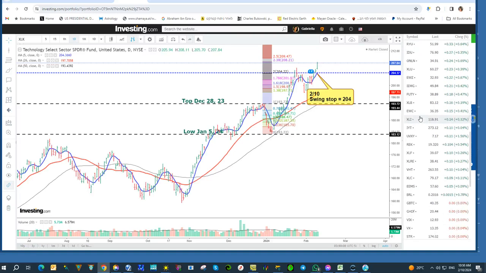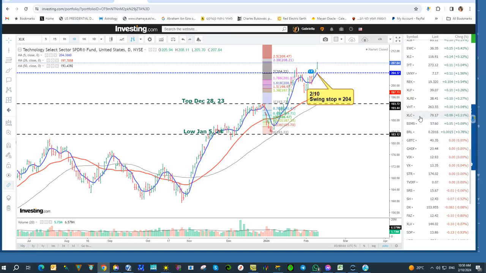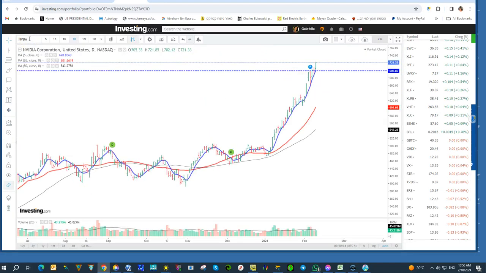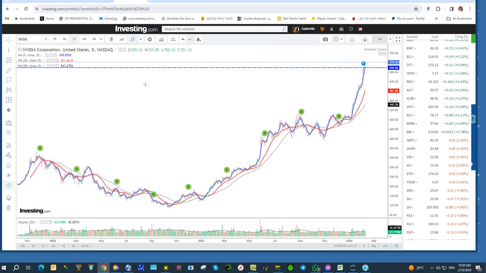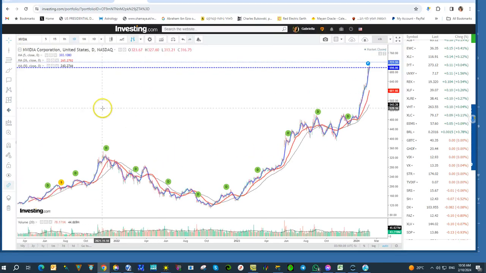Okay, what else can I show you? I can show you some shares like NVDA. All the world is trading NVDA. What do we see here? It went up, a huge move since October.